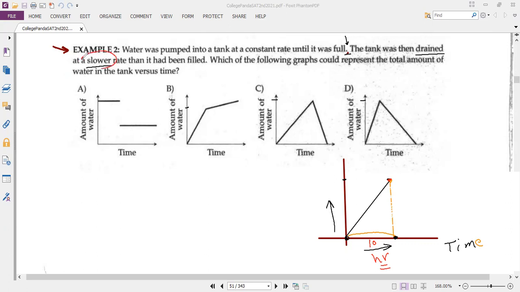Slower, you see, so it should take more time to drain. Sorry, to be empty. He mentions that the tank was then drained at a slower rate than it had been filled. So it will be empty and take longer than 10.